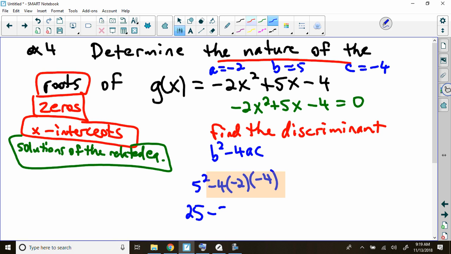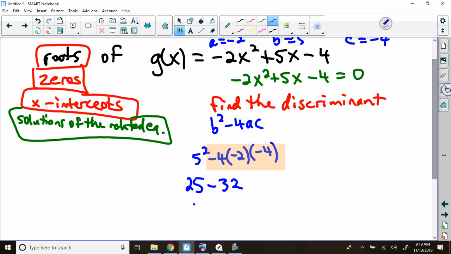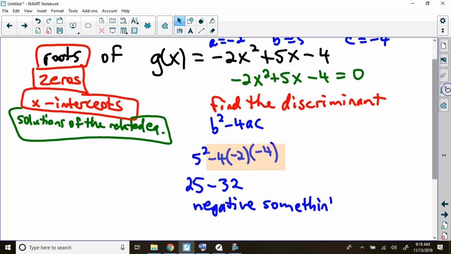25 minus 32. I don't care if you can't subtract that. You know that the answer is negative, right? Negative something. It doesn't matter what it actually equals. The fact is it's negative. What's that tell us about the nature of the roots? There's no solution, but what's it tell us about the roots? About the x-intercepts, about the zeros? Are there going to be any?